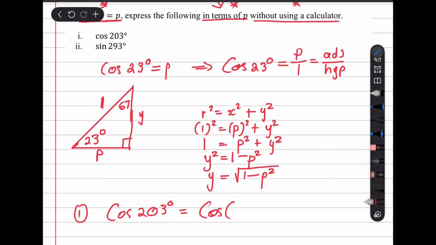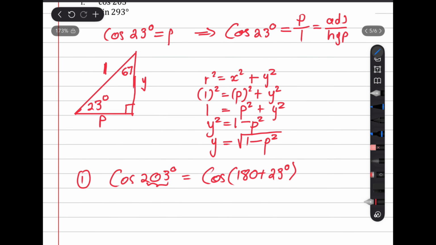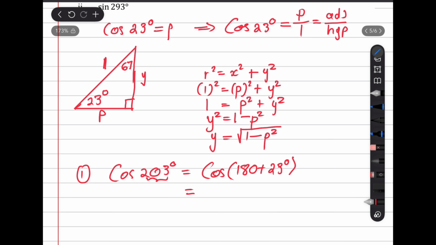We are going to use our reduction formulas. 203 is in the third quadrant, so we use 180 plus. 203 minus 180 gives us 23 degrees.